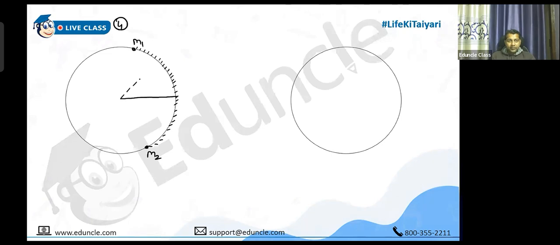Let me draw the perpendicular from the center, the normal from the center. This one. Like this.